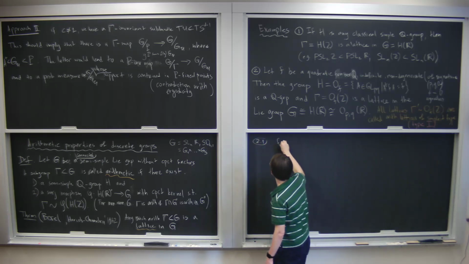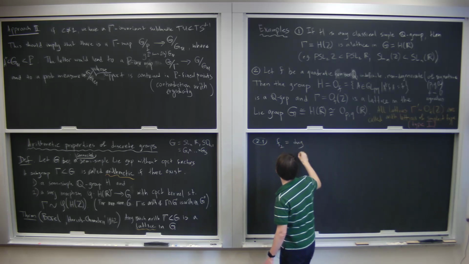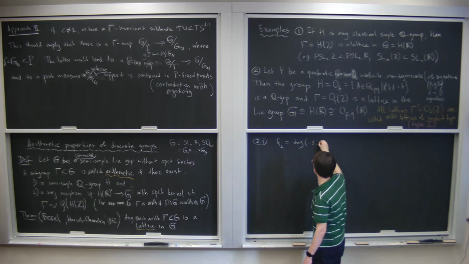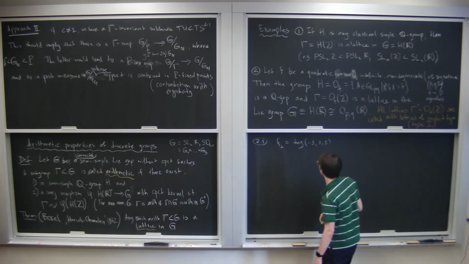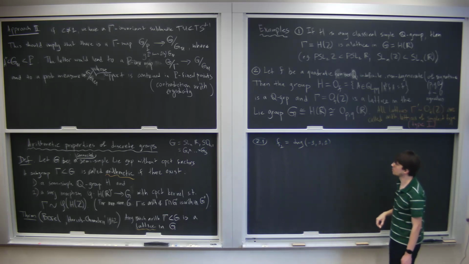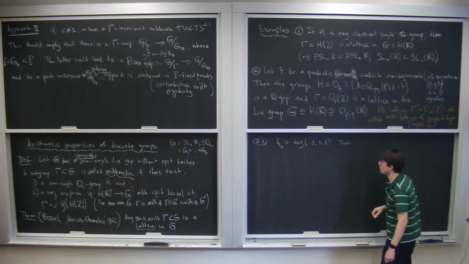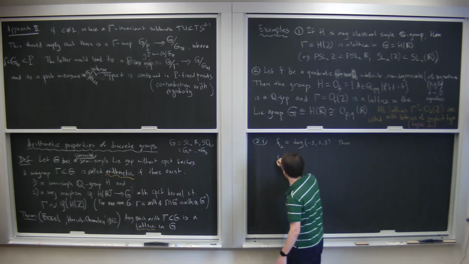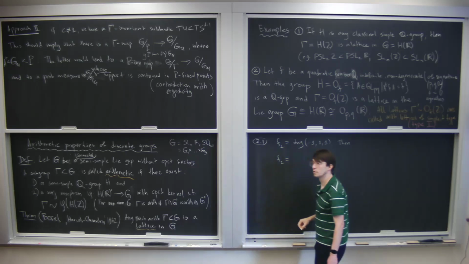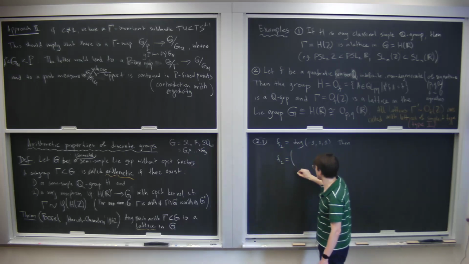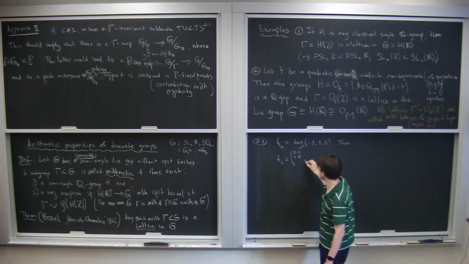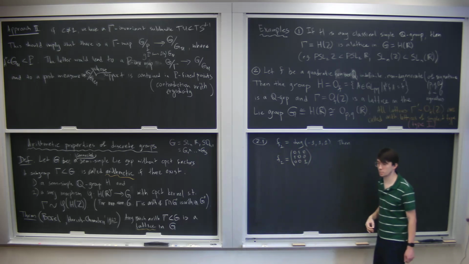Let F1 be the diagonal form (-1, 1, 1), and I can choose another form F2 with matrix 0, 1, 1, 0 and a 1. Both have signature (2,1).